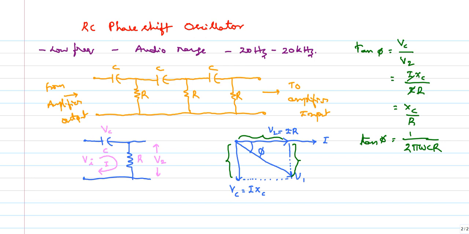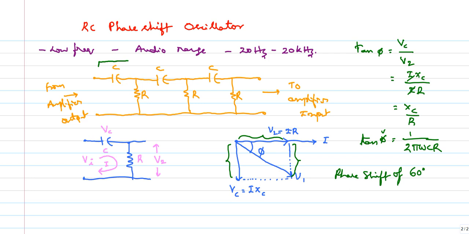With this, the values of R and C are selected so that it gives a phase shift of 60 degrees. Here phi should be constant at 60, so go ahead with tan 60, substitute, and select the corresponding values of R and C so that the phase shift is 60 degrees.